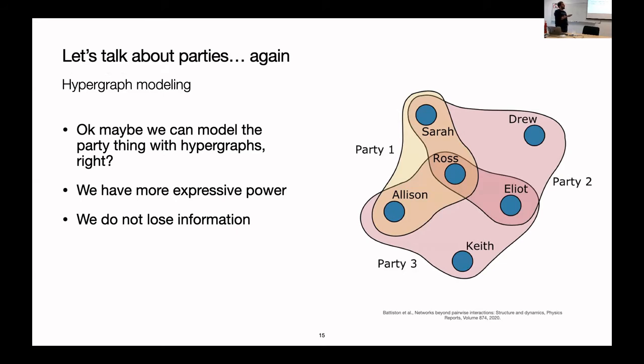So now we are really able to understand, for example, that Sarah and Keith were never at the same party together, but also that the famous triangle of some minutes ago, Sarah, Ross, and Drew, were never at the same party together. So we have more expressive power now, and we have not lost any information about the structure of the parties.